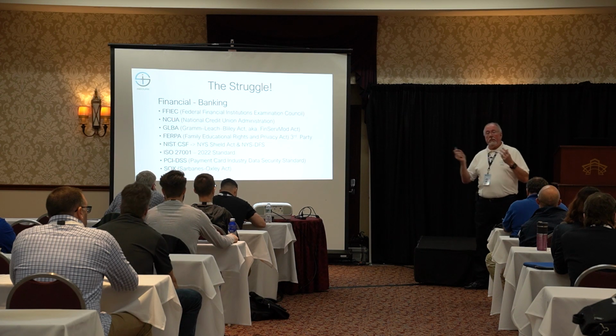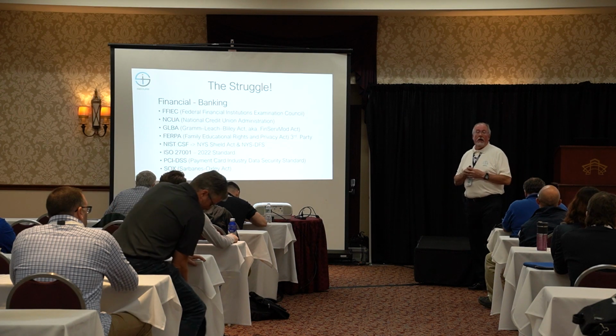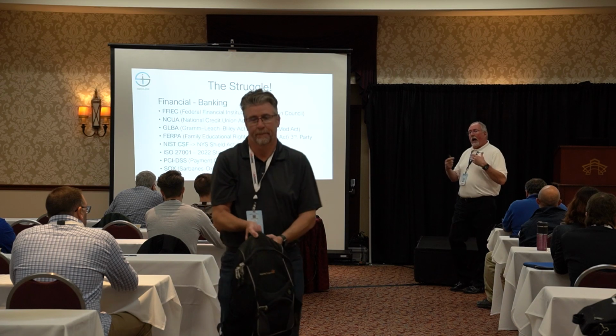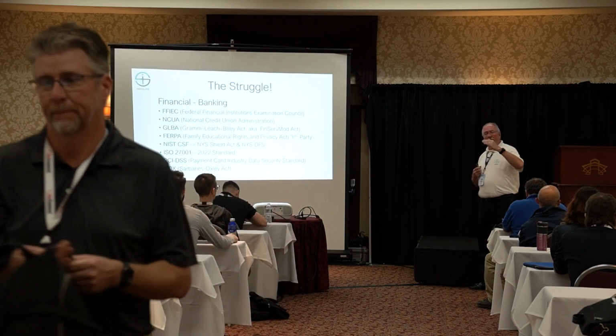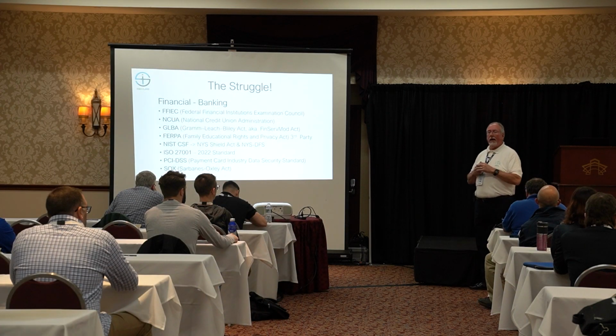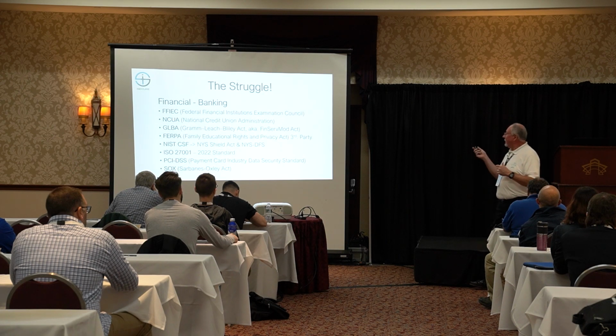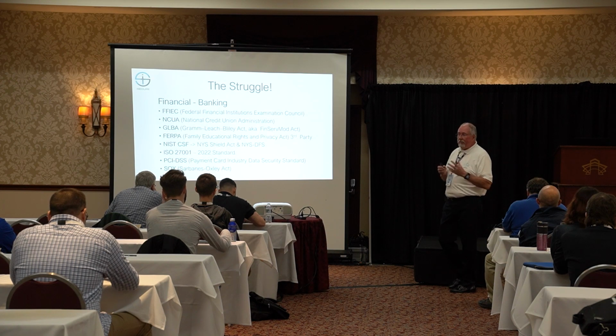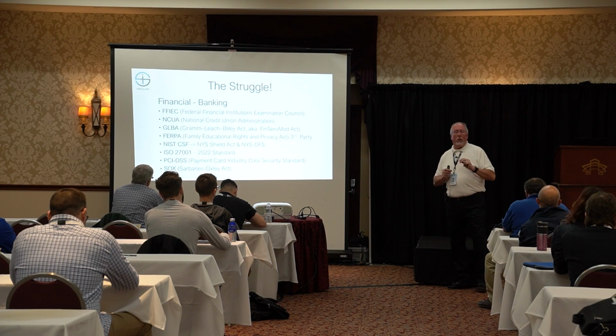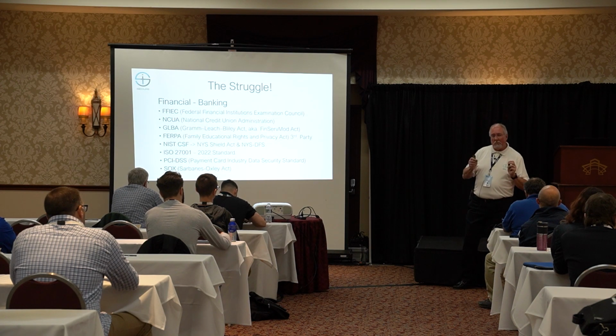NCUA, same thing, falls under the auspices of FFIEC, makes it a no-brainer if you are in the financial industry and you are a national credit union. Gramm-Leach-Bliley Act, fin services, it's a very important thing to maintain and observe.